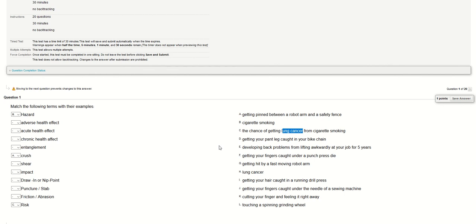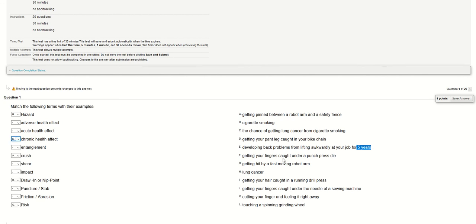Getting your pant leg caught in your bike chain. That is a chain going around a pulley or a sprocket, so that is the draw in or nip point. Developing back problems from lifting awkwardly at your job for 5 years. We have a long time period here, so that is going to indicate a chronic health effect, something that is chronic over a period of time.